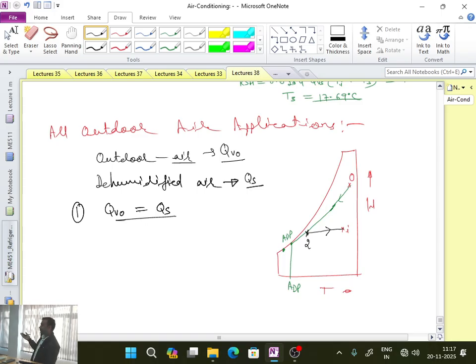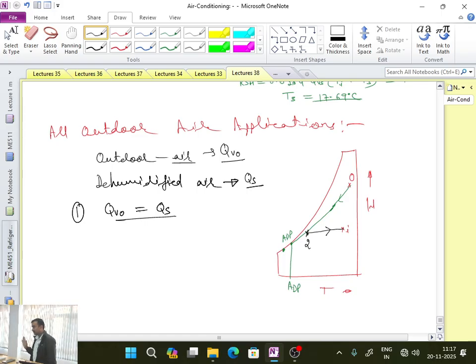When QV0 is equal to QS, we need not worry, because whatever amount of outdoor air is being cooled over the cooling coil, if that quantity is equal to whatever supply flow rate of air is needed within the room, if supplied at state 2, then we do not have any issue over here, because both my cooling coil load as well as the room sensible heat load and room latent heat load are being satisfied.